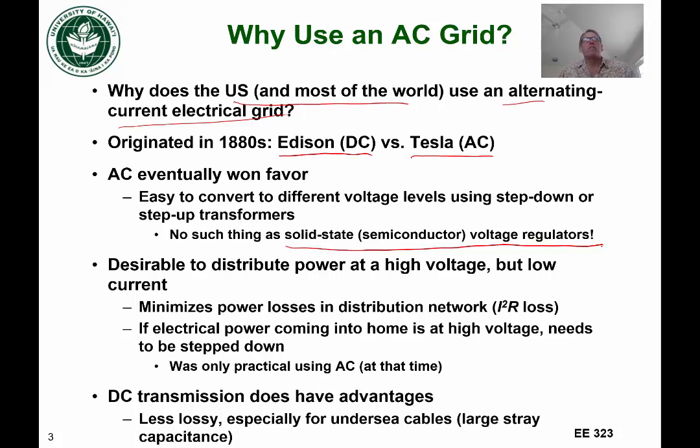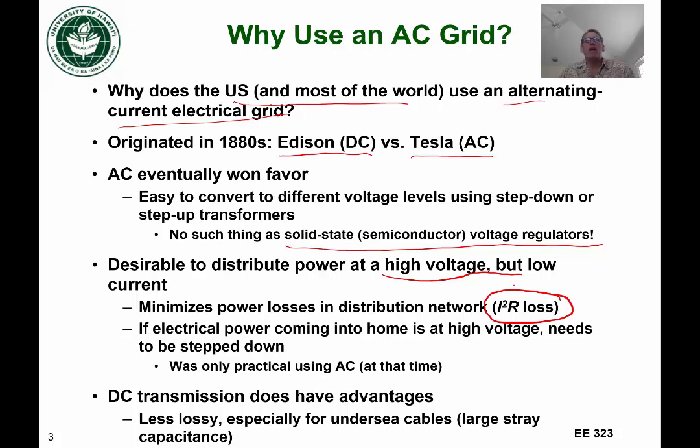The reason it was important to use transformers is that it's really desirable to distribute power at high voltage but low current. If we think about the losses in a distribution network, the losses go as I squared R. So what you'd really like is low current, and obviously low resistance, but the lower the current, the lower the loss.